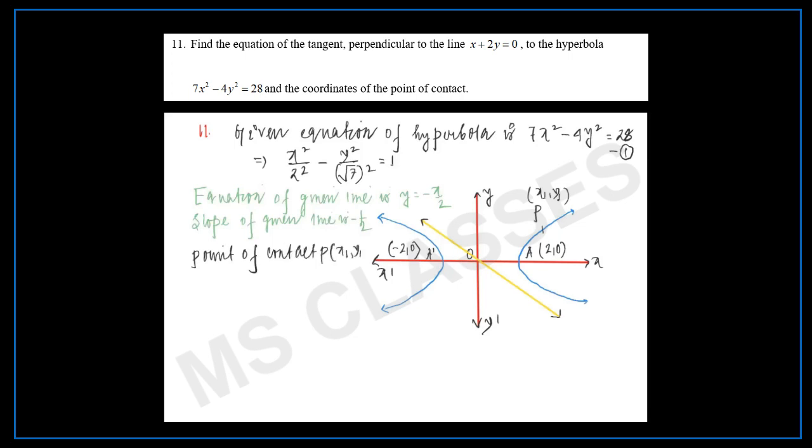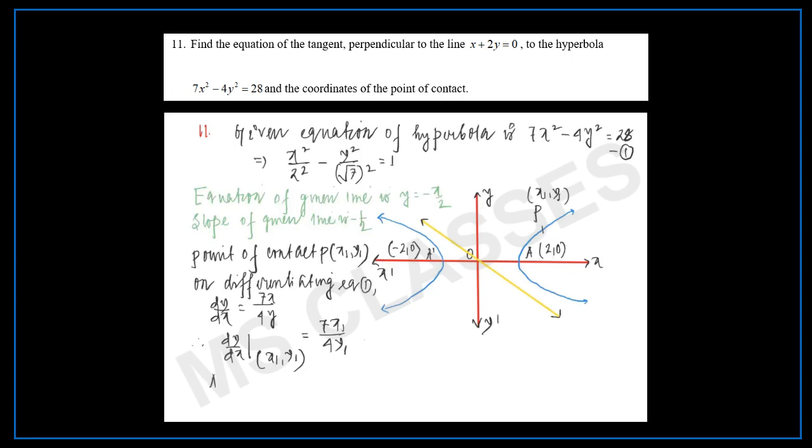Now on differentiating equation 1, we get dy/dx equal to 7x by 4y. Therefore, dy/dx at the point of contact (x1, y1) equal to 7x1 by 4y1. So this is the slope of the tangent which I've got.